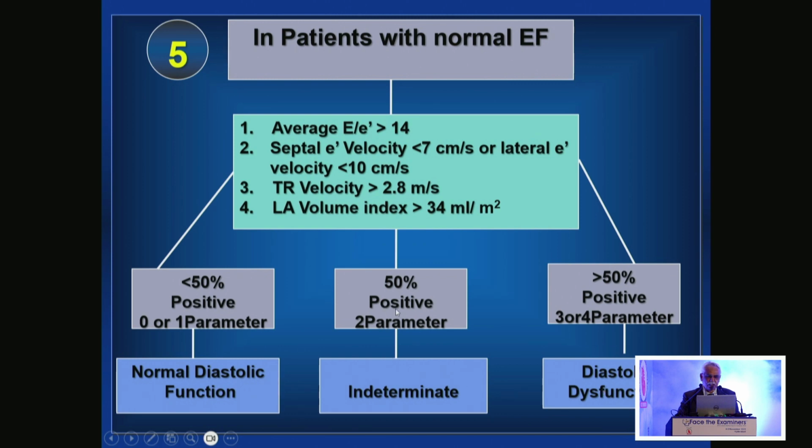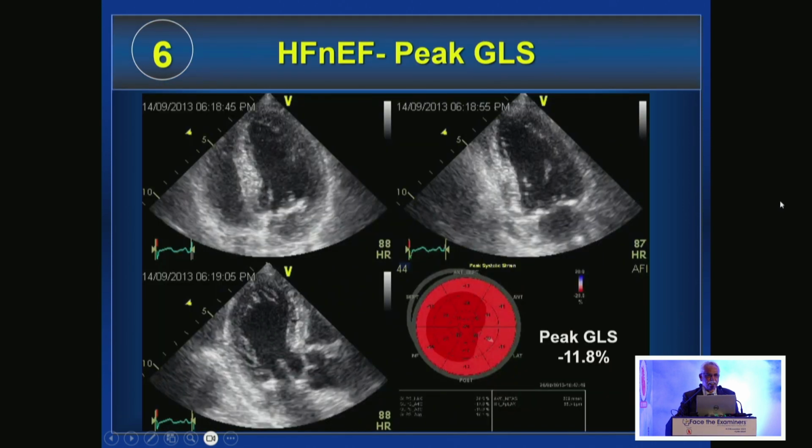When there are 1 or 2 positive, the diastolic dysfunction is indeterminate again. If you are not able to get all the 4 parameters, you are able to get only 3 parameters, then it is going to be different. So in these indeterminate patients, sometimes we can use the peak global longitudinal strain. If it is decreased, it supports the diagnosis of diastolic dysfunction.